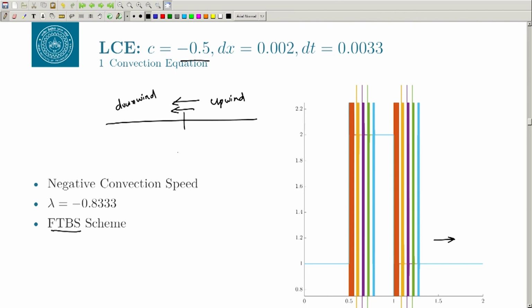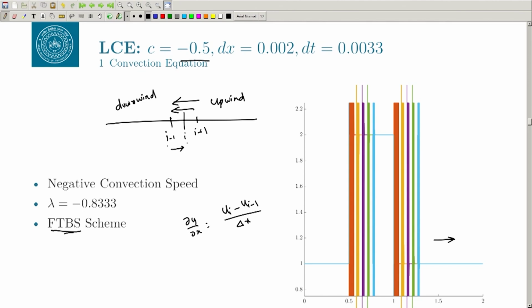In FTBS, what do you do? You do del u by del x equal to (u_i minus u_(i-1)) by delta x. So, if this is my i, this is my i minus 1 and this is my i plus 1, you are taking the information in this direction, making use of i minus 1 and i.